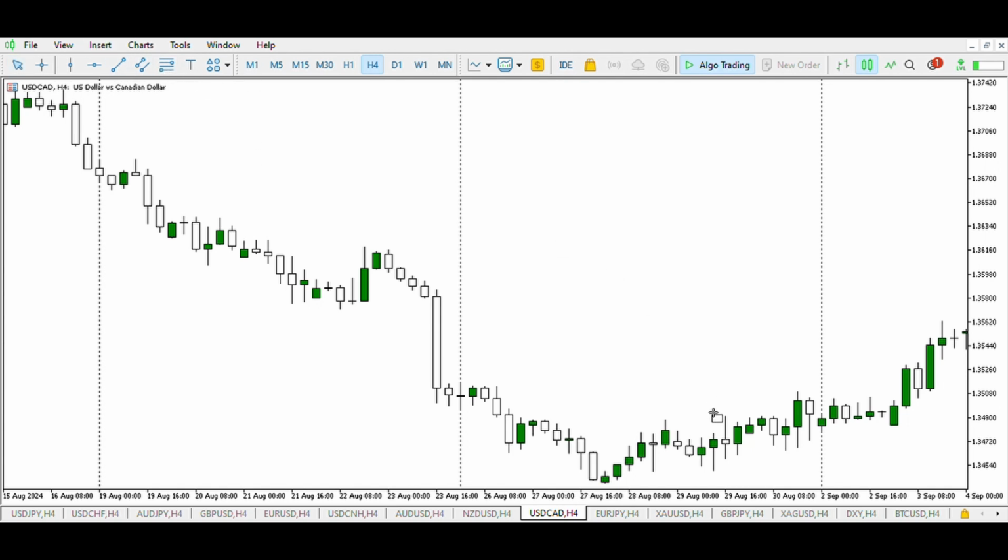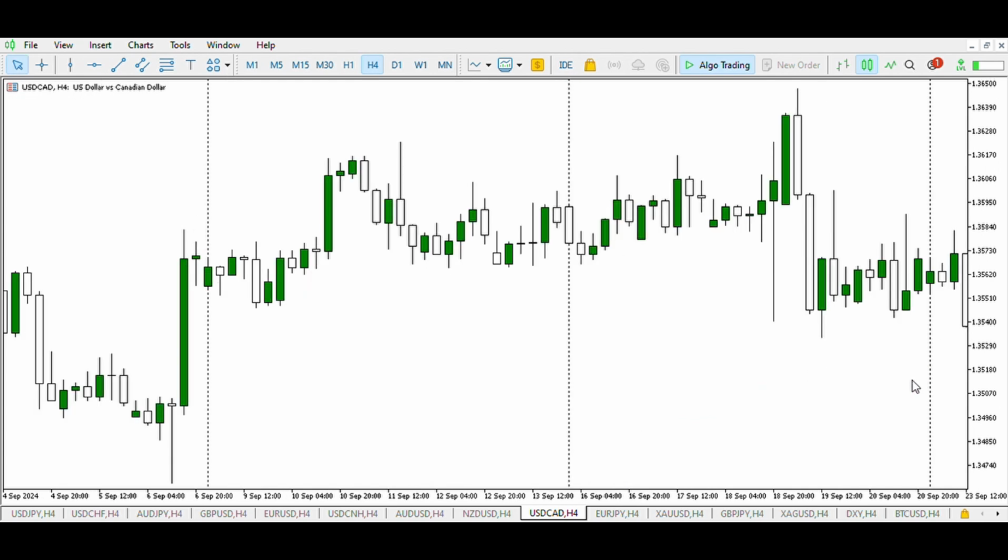So we have taken examples of healthy and unhealthy swing points. So I see no reason for you to fail again in this market. This is an unhealthy swing point. Right here we have a healthy swing point. This is a healthy swing point.